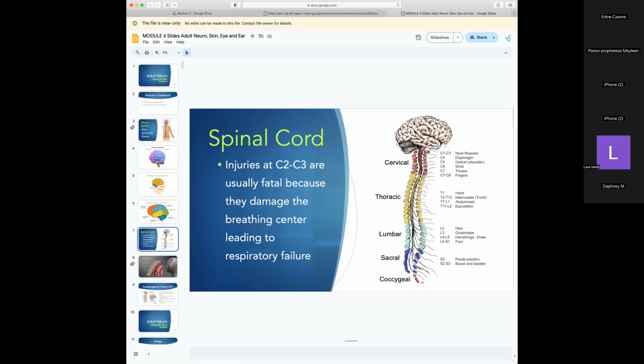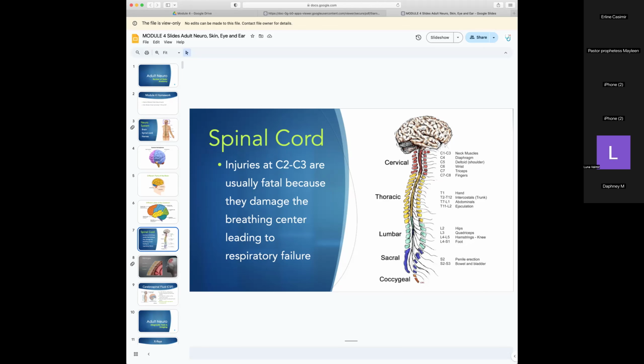Can somebody tell me why you think the spinal cord is surrounded by bones? Why do you think that's so important? Very good, Nurse Daphne.